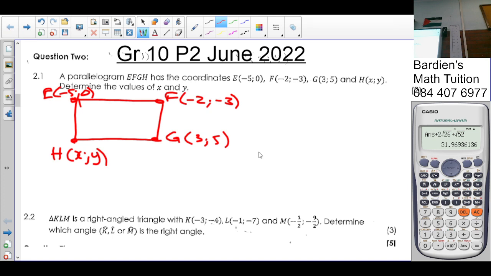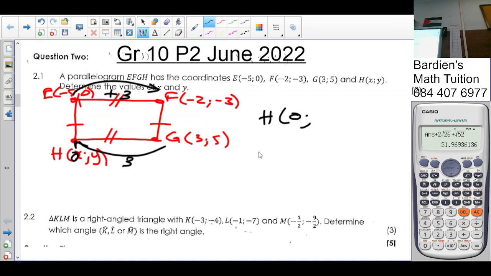So if this is a parallelogram, we know that those lengths are equal. Okay. So moving from E to F, as you can see, I'm adding 3 in that direction. In other words, I must subtract 3 in this direction. So that is actually going to be 0. So when we reach here, it's going to be 0.